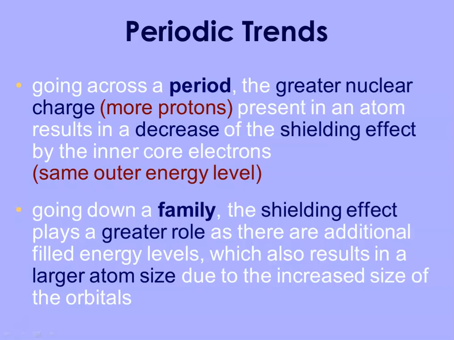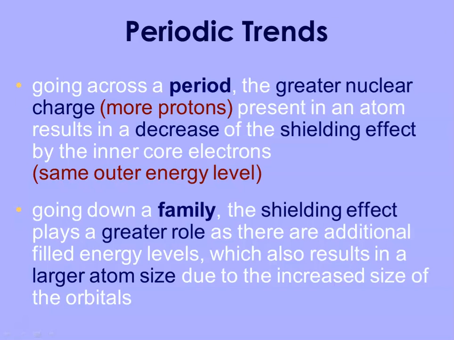So it's going to be the nuclear charge, that there are more protons as we move across a period on the periodic table, that are going to result in reducing any shielding from valence electrons, from those inner core electrons, in terms of determining how these trends proceed.